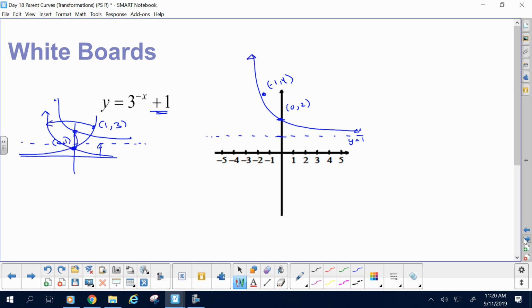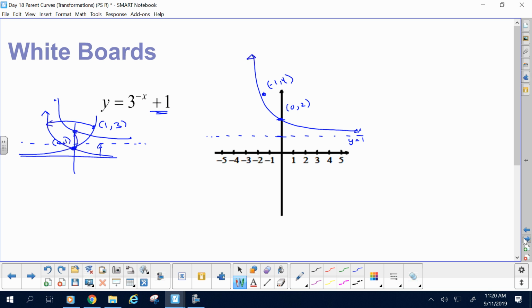If you put in negative 1, what's 3 to the negative negative 1? What's negative negative 1? 1. 3 to the 1 is 3, plus 1 is 4. Is that checking out then? When I put in negative 1, I get out 4. It all makes sense. So you can always put it into the equation and verify your graph, and it should work. You with me?